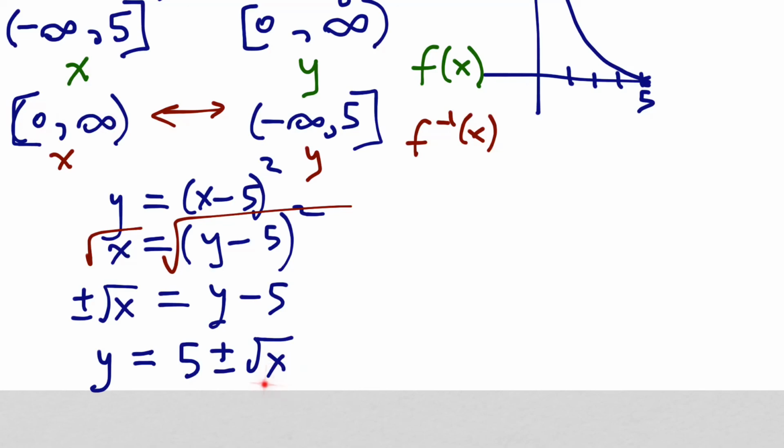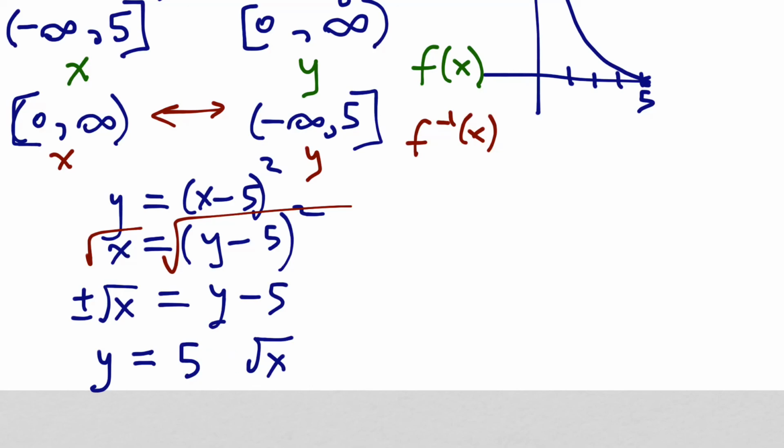Any positive number is okay. So this will be okay for x inputs in this range 0 to infinity. Now the output, the y, has to be no greater than 5, but it can be less than 5. So let's test each one of those out there, the plus and minus.